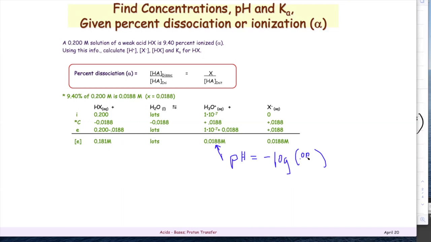And when you do that, you get the pH of this solution.